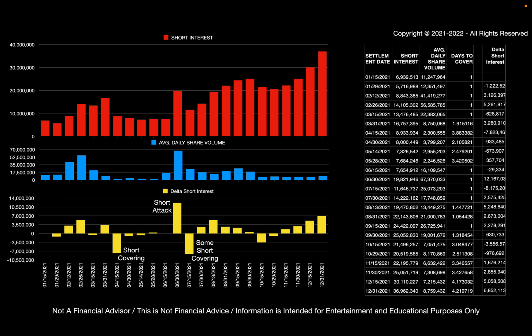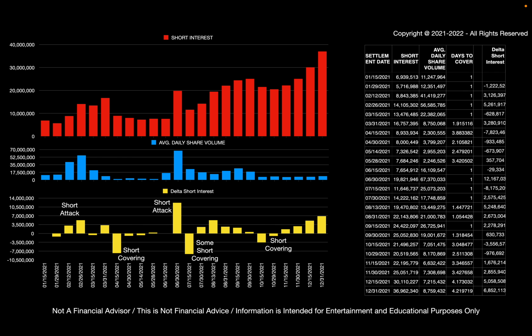Again, if we look at a negative covering, they covered around the 415 time frame. There was also some short covering around the October 15th time frame, right? Because we see the delta in short interest going negative. At the start of the year, we've got a short attack.